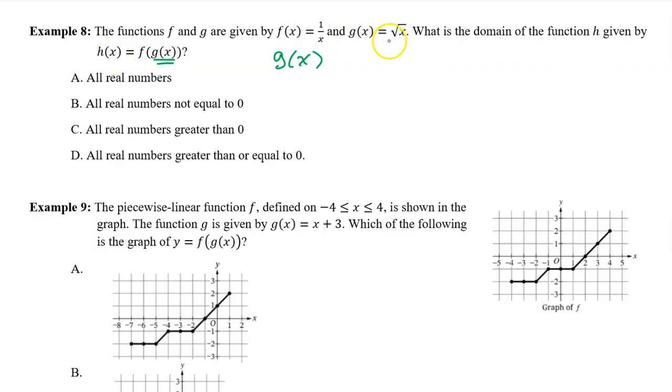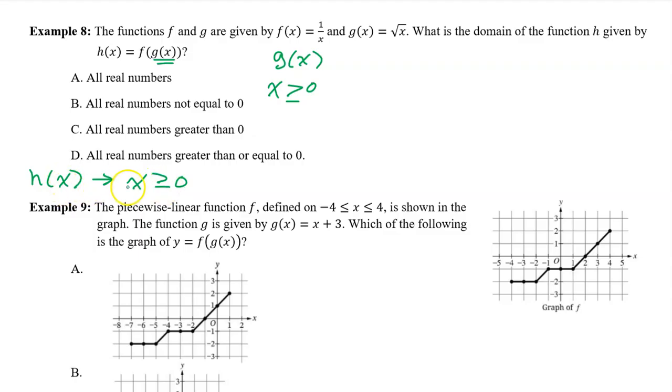So g of x is the square root. You cannot take the square root of a negative number. In other words, for g of x, we have the restriction that x must be greater than or equal to 0. It can't be negative. The limitations of the inner function automatically become limitations of the composite function.